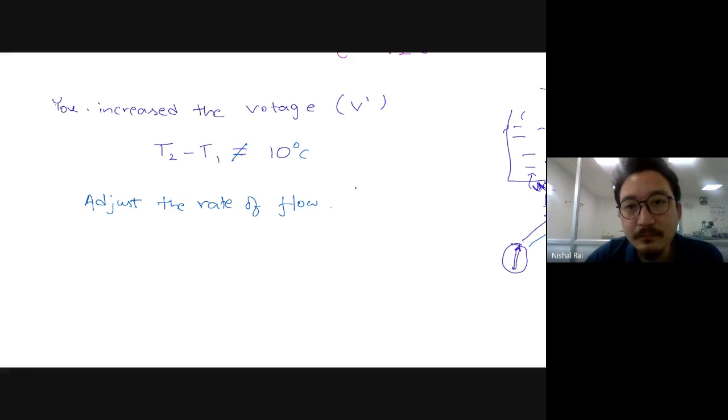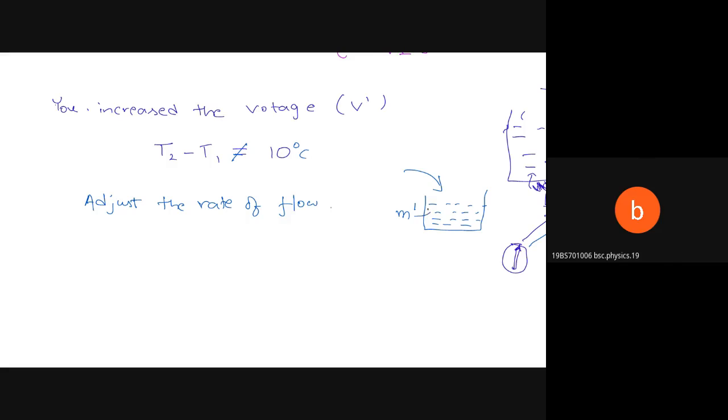Clear? Yes, sir. Now if you adjust the rate of flow, will the amount of water collected be the same as the previous one, or will it be different? It will be different.